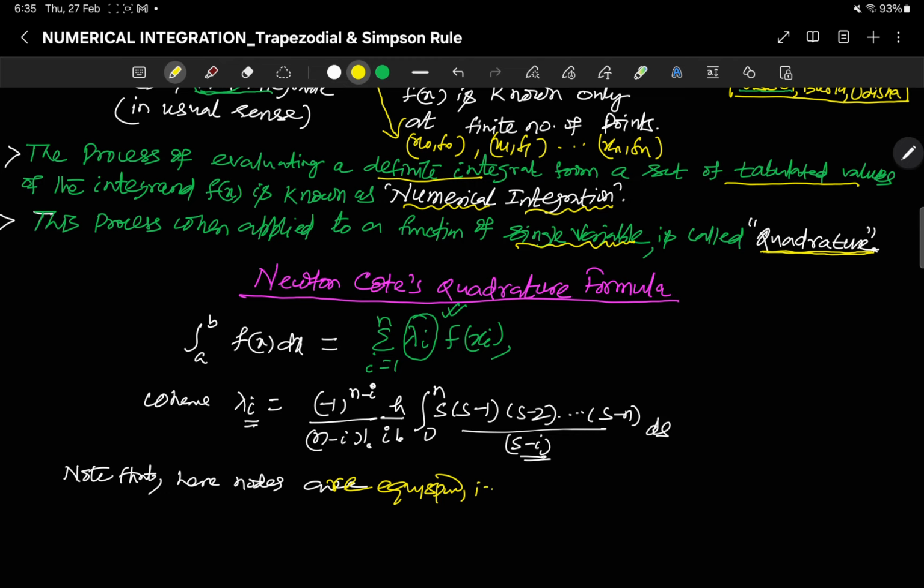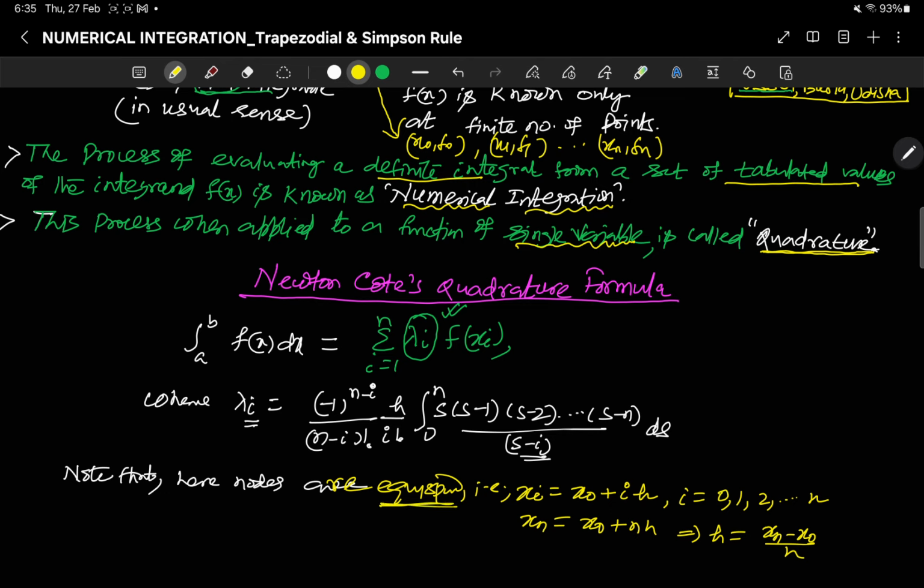That means xi is equal to x0 plus ih, where i is equal to 0, 1, 2, and so on up to n. Similarly, xn is x0 plus nh, or h is equal to (xn minus x0) by n. Accordingly, we are considering the equispaced points.